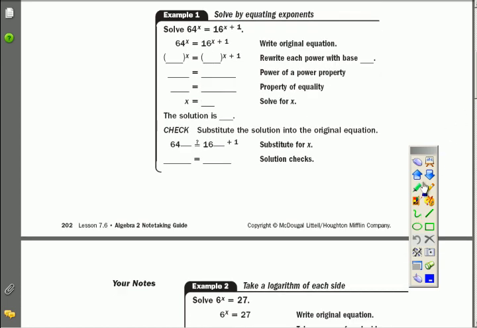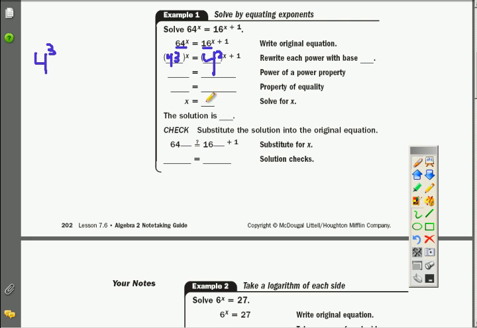All right. Solve 64 to the x equals 16 to the x plus 1. Well, when you have something like this, what you're looking for is, do they share the same base? The 16 and 64, are they the same? Well, they're not the same right now, but 64 could be 4 to the 3rd power, and 16 could be 4 to the 2nd power.